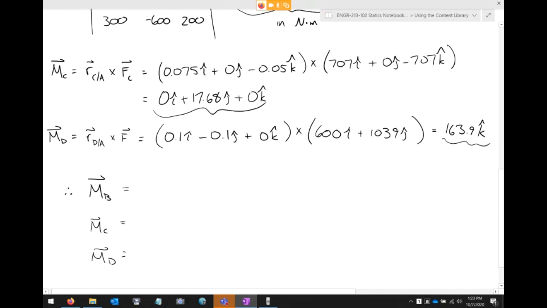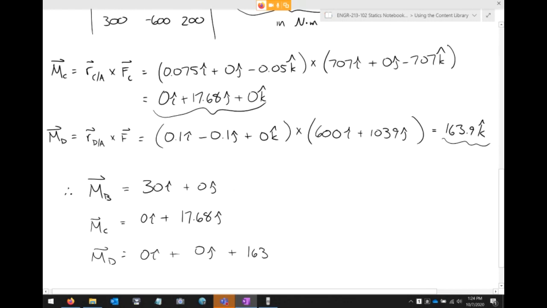And what do I get? I think I got 30I here. I didn't have a component here. This was 17.68J, and then I had plus 0J here. This was 0I, 0I, 0J.